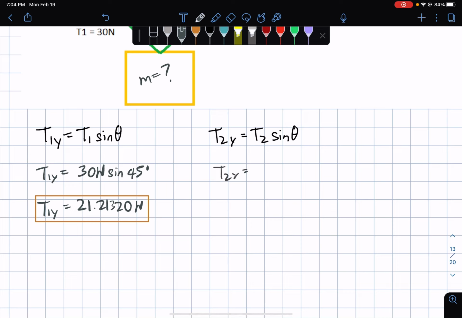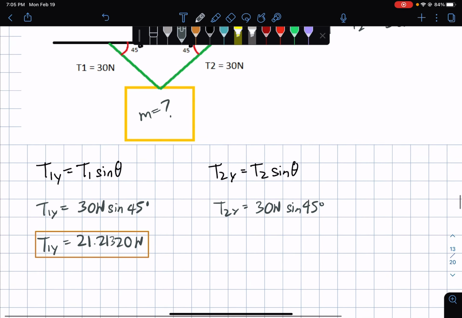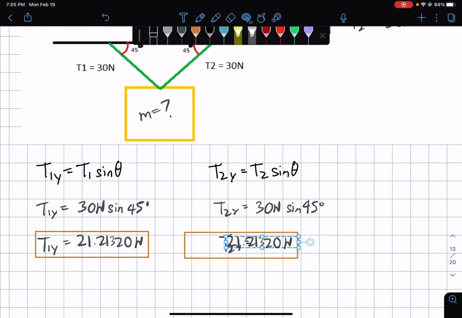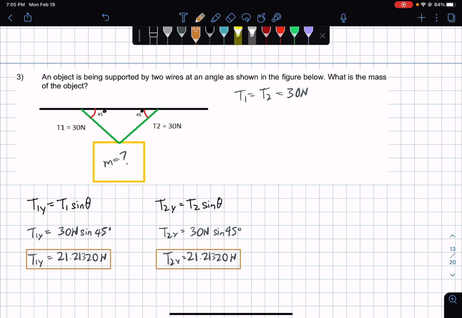So T2y is equal to 30 newtons sine 45. Why? Because they're basically the same as the former. So T2y is equal to the same value as T1y. But wait, why did I box the answers that we have?